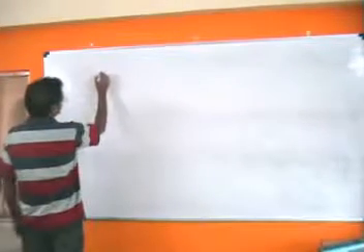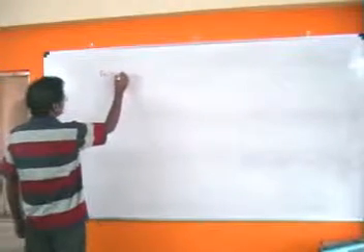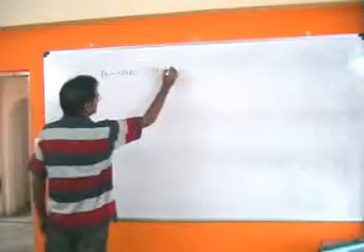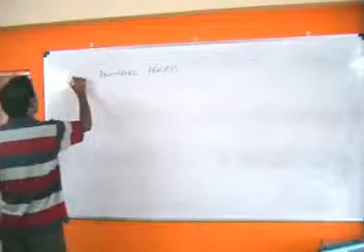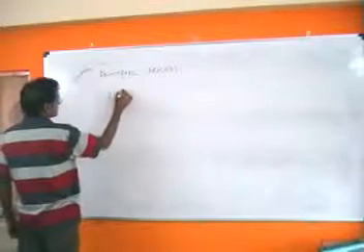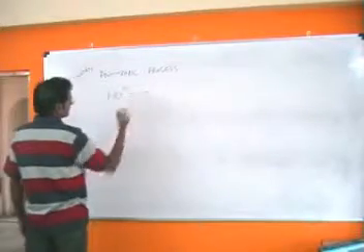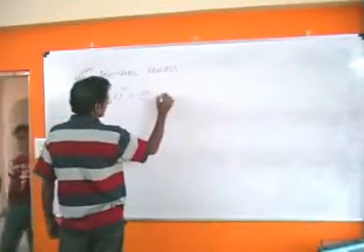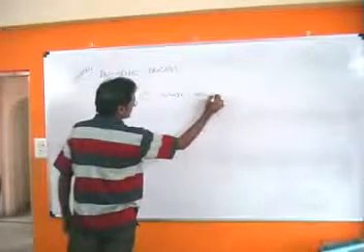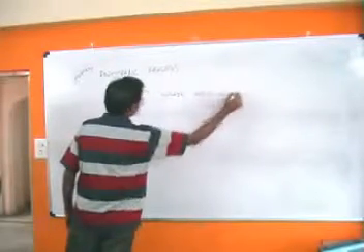Now to summarize the formulas we have for the polytropic process. The expansion or compression follows the law PV^n equals C, where the value of n can range from 1 to infinity.